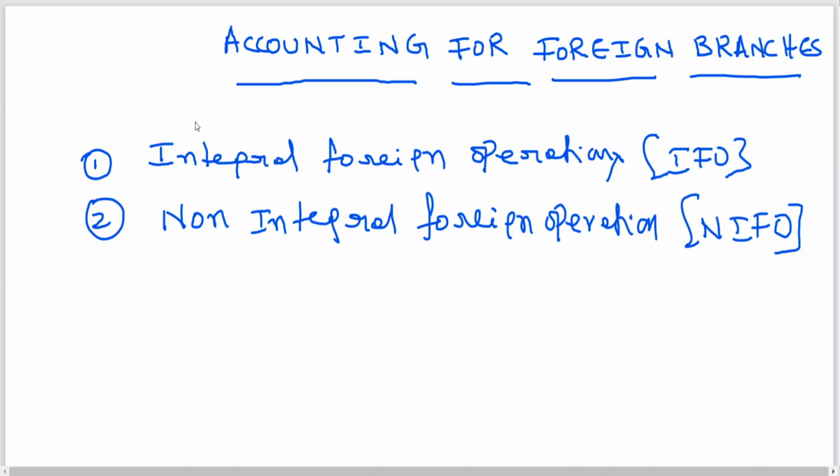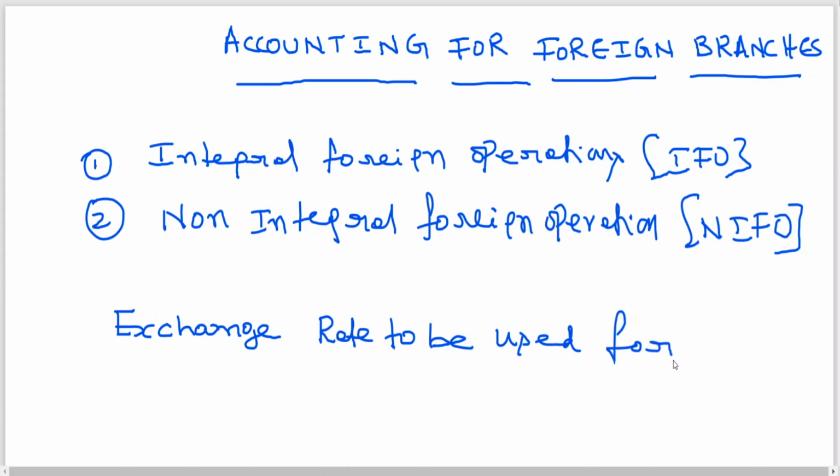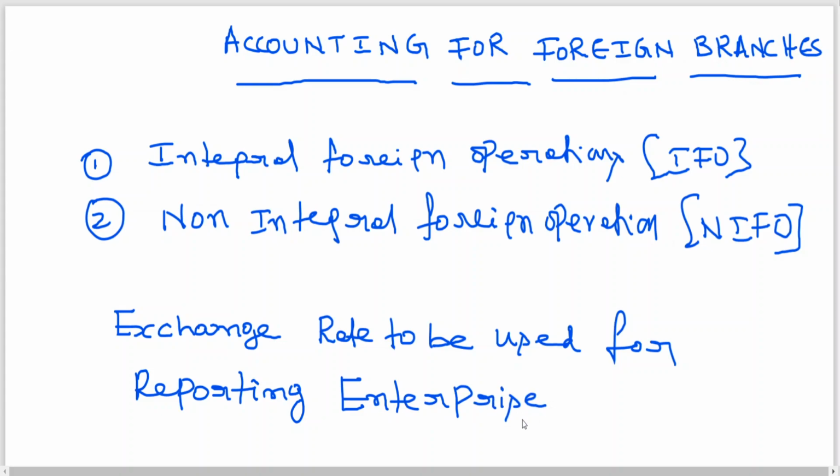So here I am writing the heading. I'll declare it, but initially I'll write the heading. You have to copy this down: exchange rate to be used for reporting enterprise.